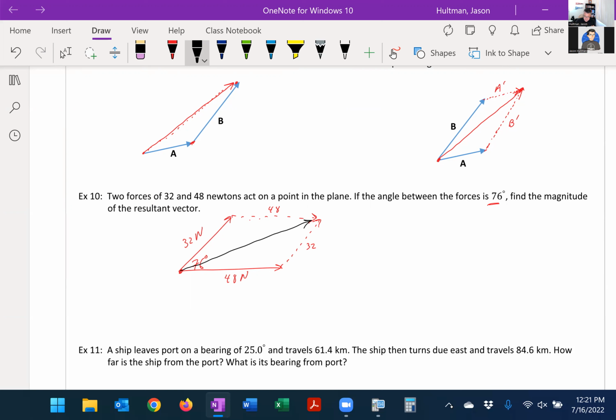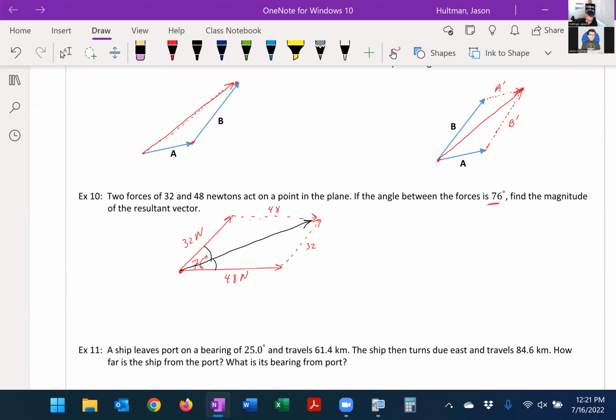Okay, so how are we going to do this? Well, what I really want to do is use some of the properties of the parallelogram here. This diagonal does not bisect 76. 76 is not bisected, so I can't just say, oh, the top here is 38 and the bottom is 38. Okay, that's not going to work.